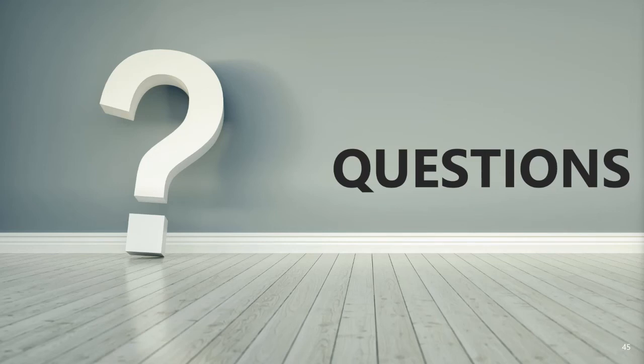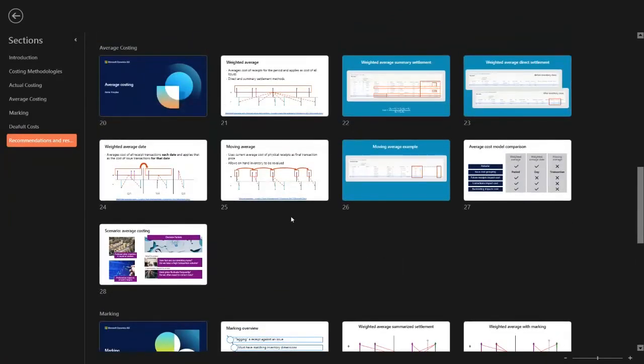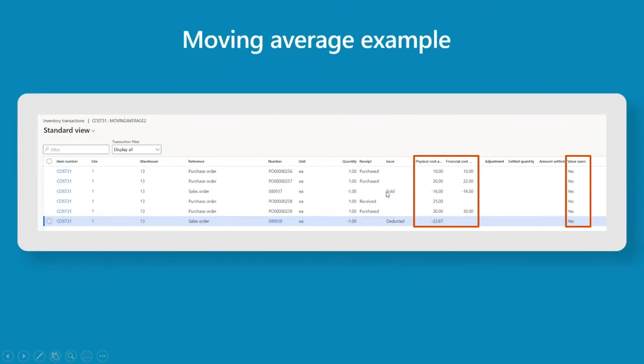Okay, thanks, Rachel. I'll take this next one. The question was, on the moving average, all of those transactions are financially updated, right? Moving average is different from periodic cost methods. When we post the moving average transactions, they get costed at the value of the physical receipt, not the financial.